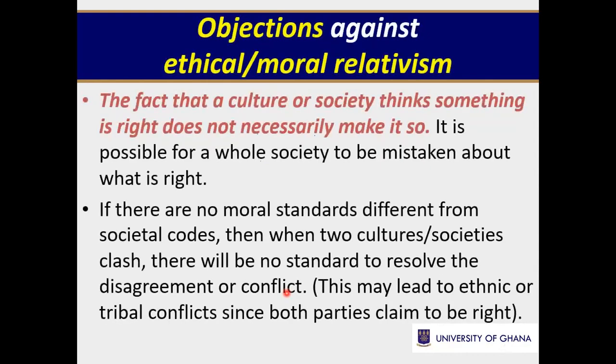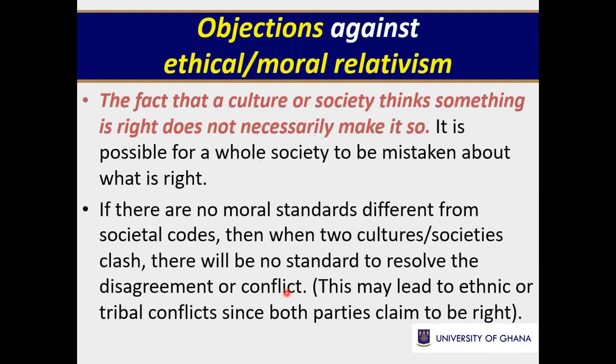It doesn't make it necessarily so. It is possible for a whole society to be mistaken about what is right. Much more even is it the case when it comes to morality. The whole world was deceived about the position of the sun relative to the earth. The geocentric view was held for over 4,000 years.